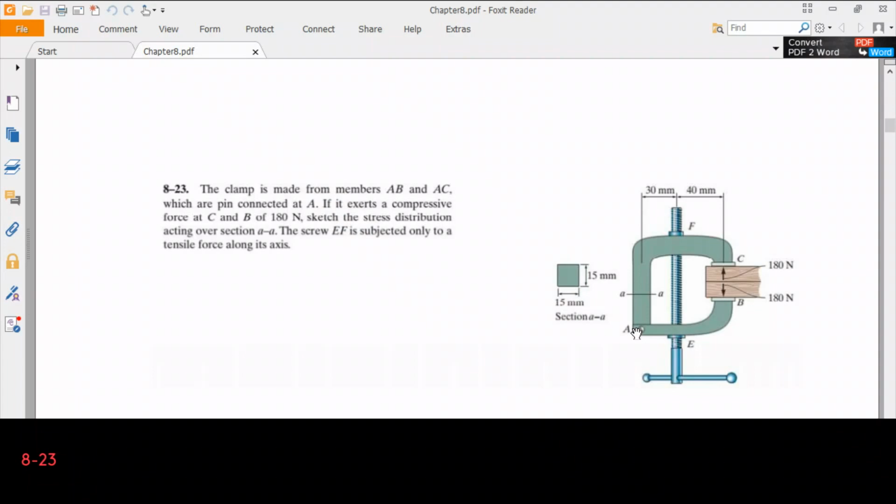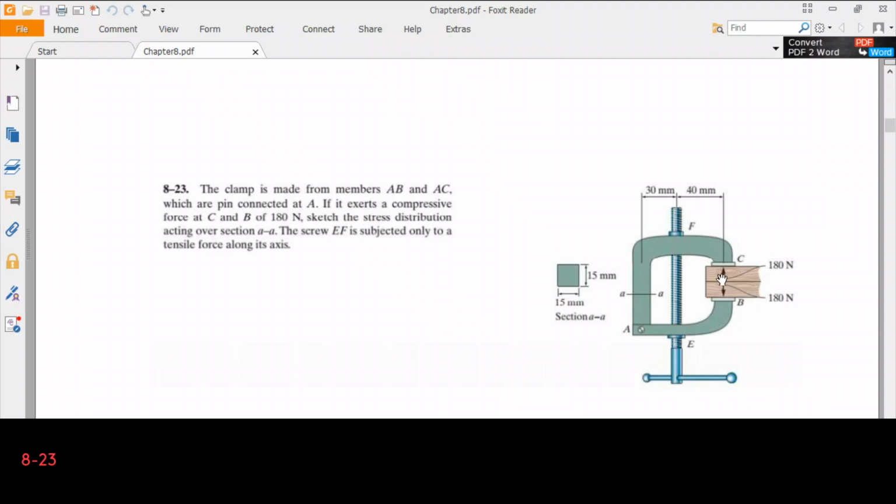Fine. So the first thing that we need to do is to determine the reaction forces at point A coming to either the upper part or the lower part, and also we need to find the force which is exerted by the screw.